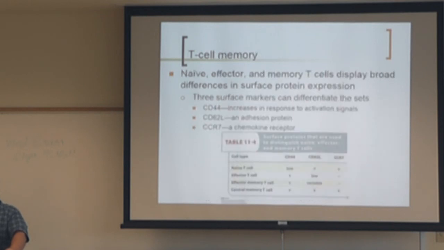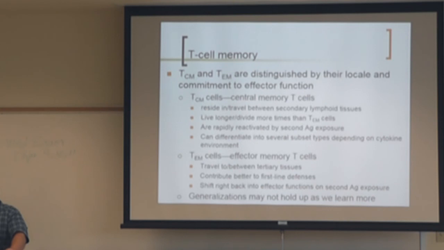Just go over that. Here's an example of surface protein expression, how we know what's a naive versus effector memory. So we can tell what memory cells are. When you have memory cells, you have central versus effector memory.